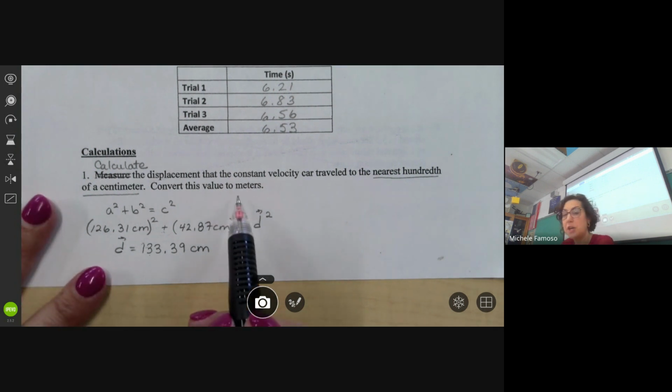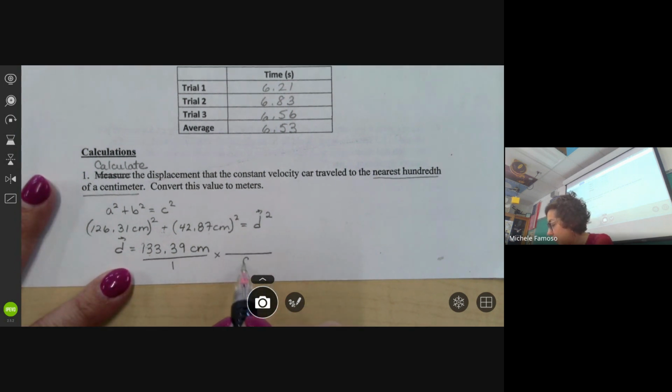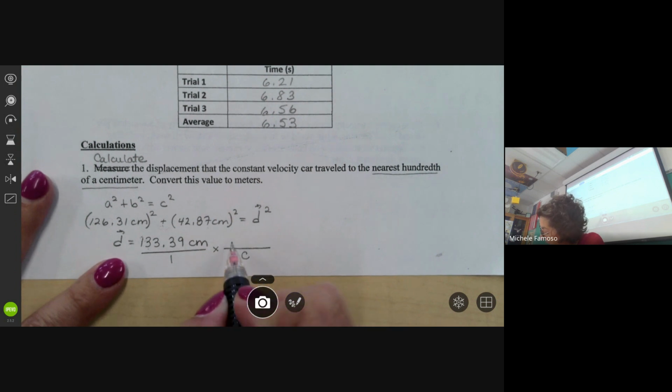Everybody all set? Okay, now we want to convert it to meters. So when we convert, remember we're getting rid of the prefix centi. So you got to go to your reference table, look up what the power of 10 is that goes with centi. And what power of 10, according to your reference table, is centi? Caroline? Yep, so we would write that as 1 times 10 to the negative 2.